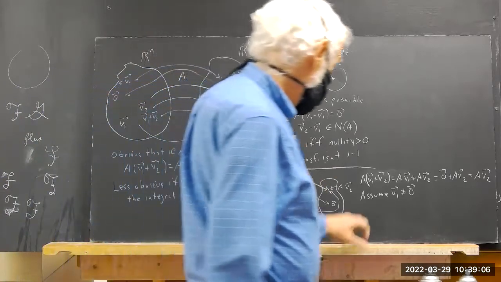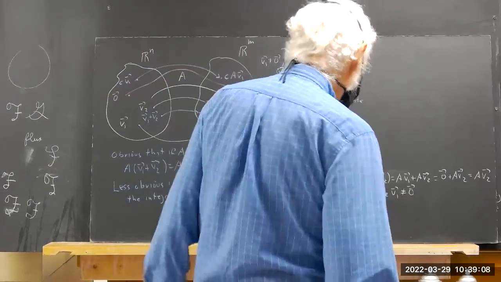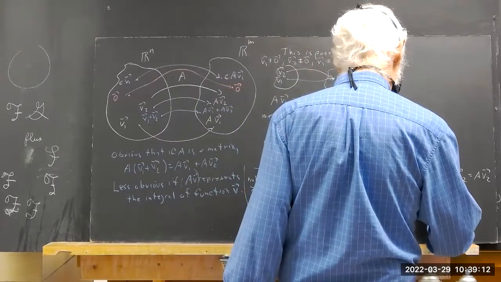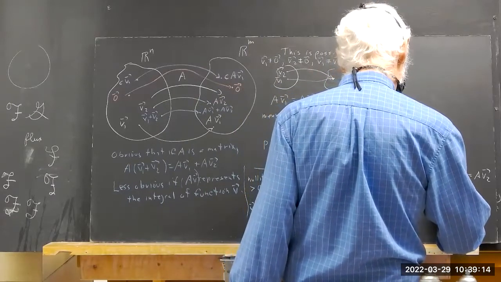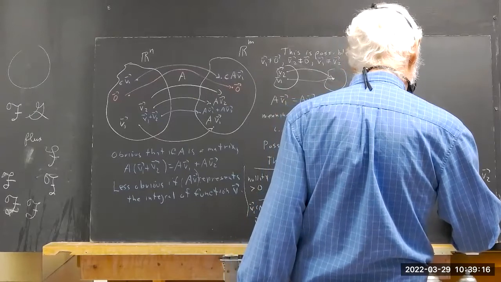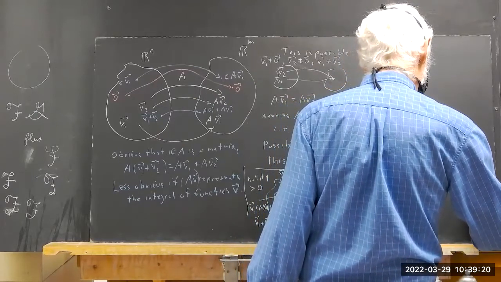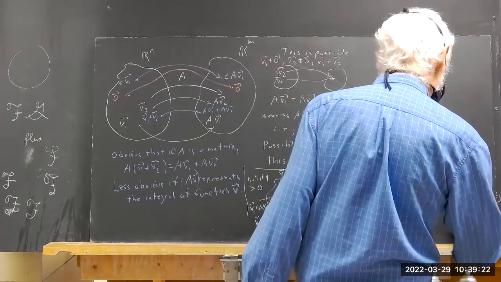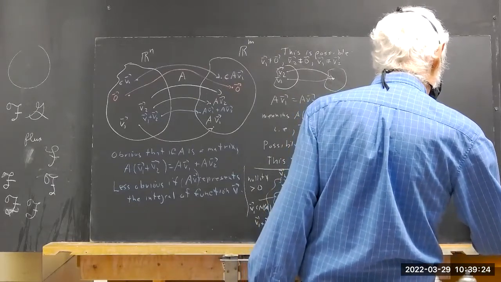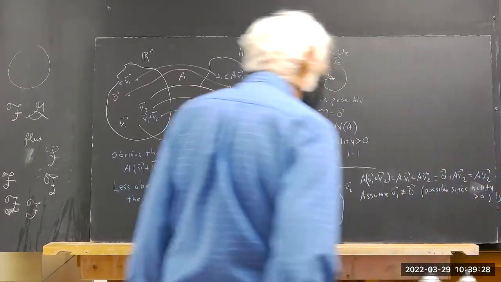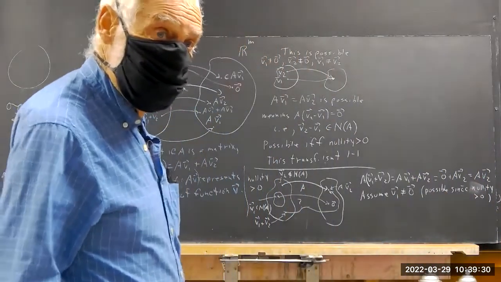So we assume V1 not equal to 0, which you can do since the nullity is greater than 0.